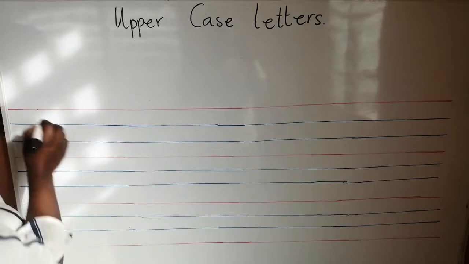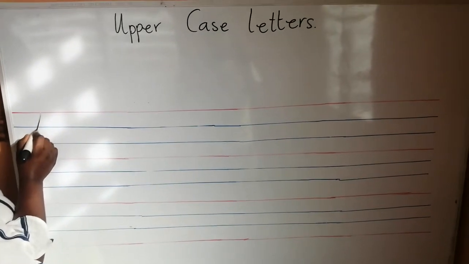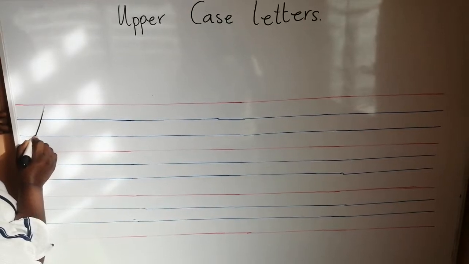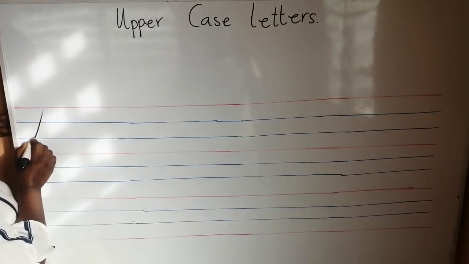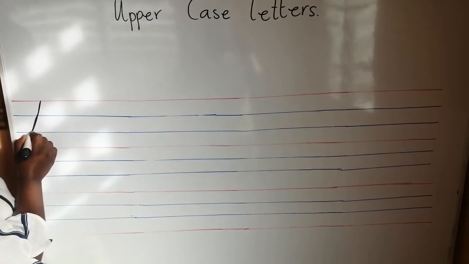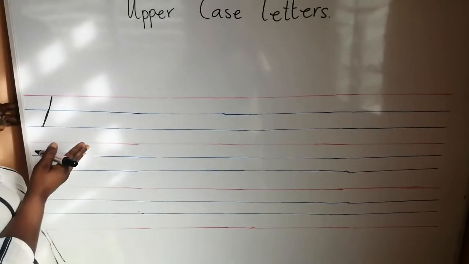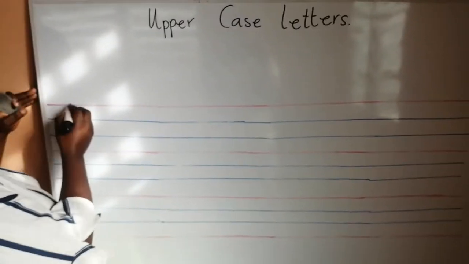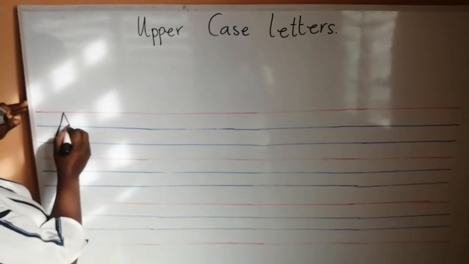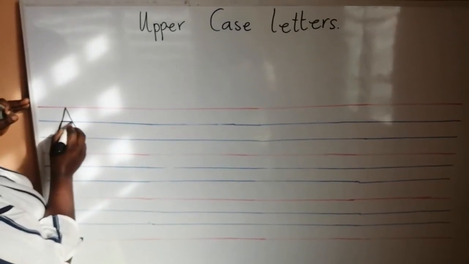So if I want to write A, it starts from the first line down to the second line, and then we hit the third line. A stroke this way, or what we say slanting line. The line is slanted to the left. Then we move and create another slanting line to the right, and then a sleeping line in the middle.